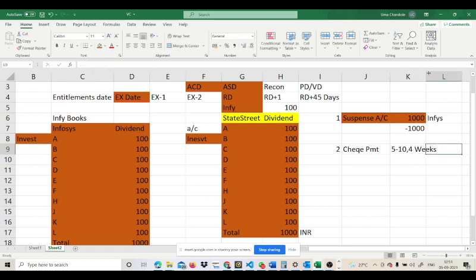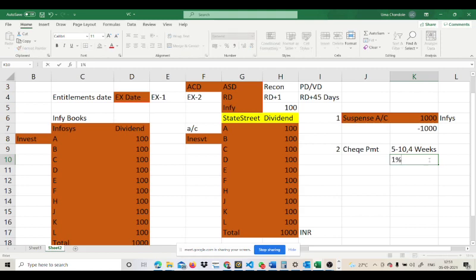And when there is a check payment, along with that the issuer or the depositor will ask for a check payment fee as well, so 1% of the total amount. It means if there is a 1000 amount, they will charge 10 rupees as a fee.